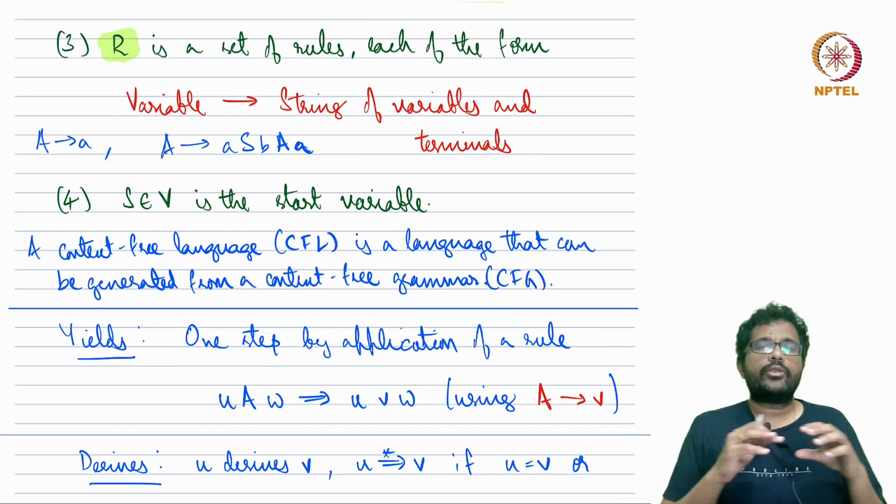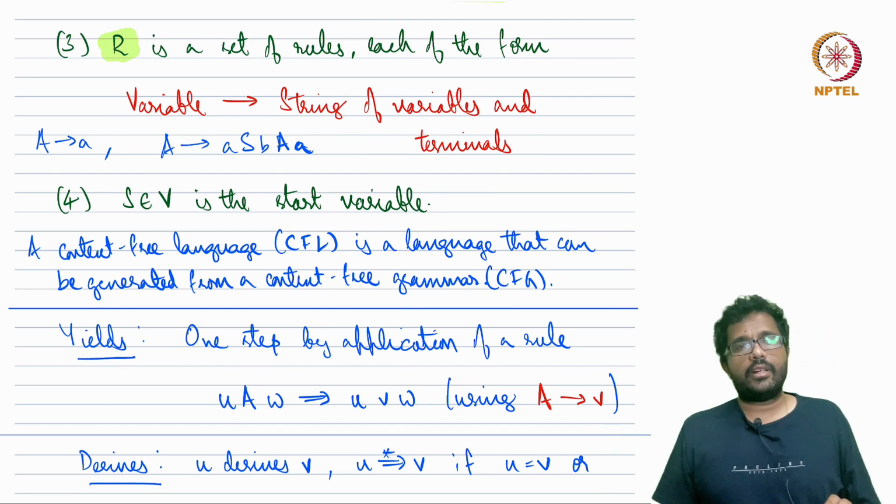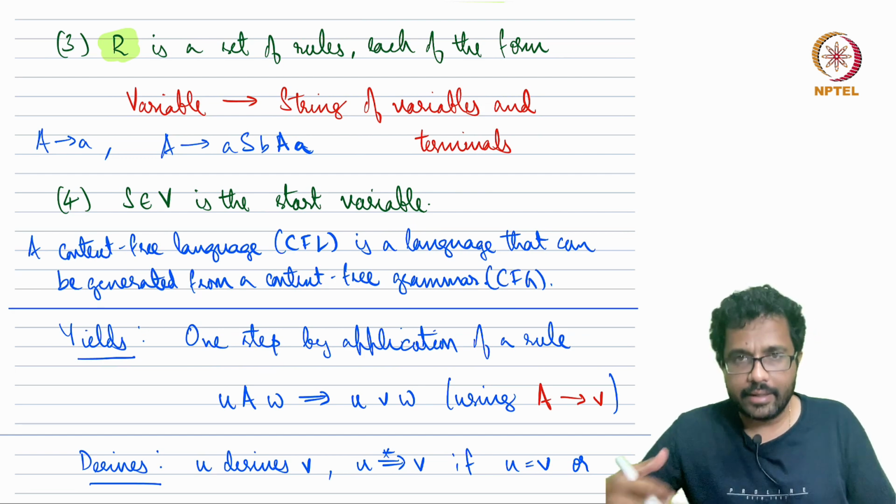So anything for which you can write a context-free grammar is called a context-free language. We have already seen some examples.